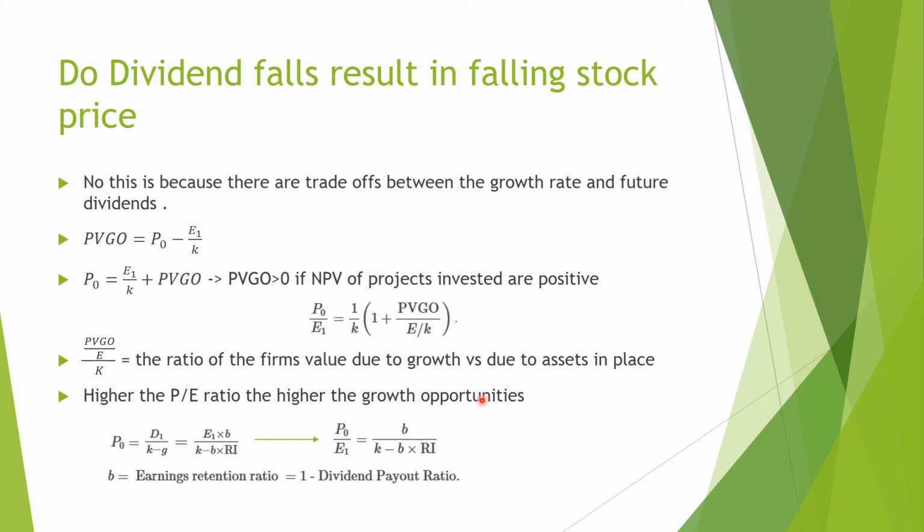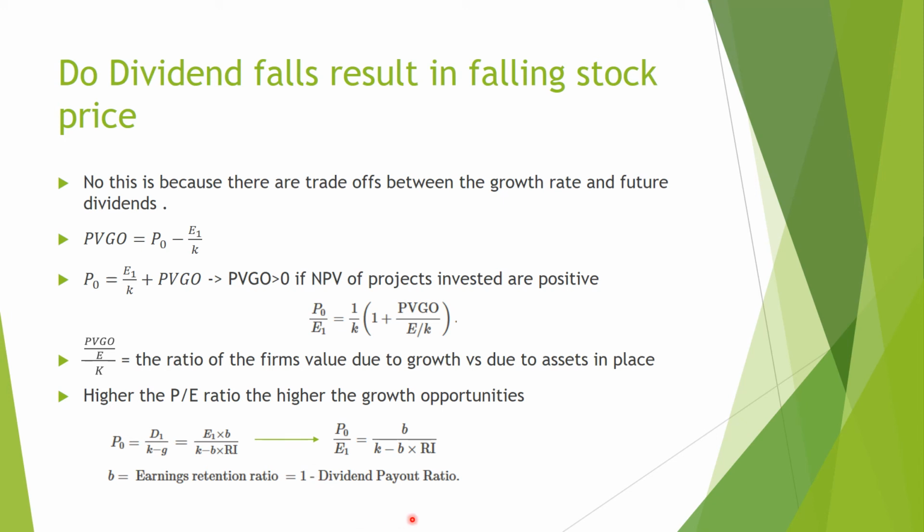So as PVGO increases, we can see the PE ratio increases, and therefore the growth opportunities are higher. The PE looks at the ratio of the firm's value due to growth versus due to assets in place. So the higher the PE, the higher the growth opportunities, and so the better the investment opportunity for the investor.